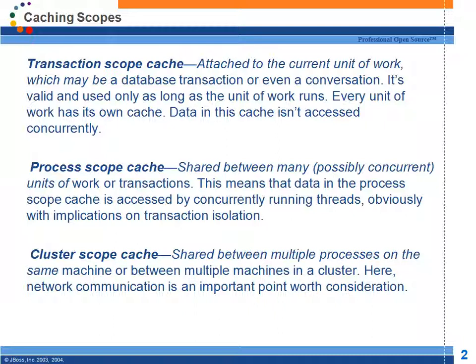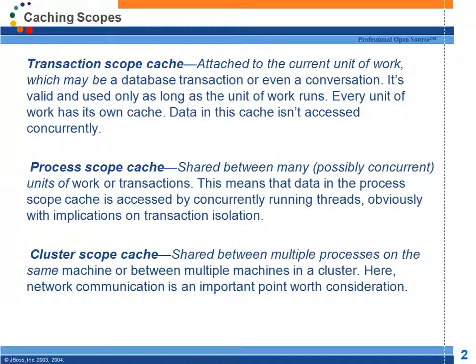Now let's assume that we have a web application. In web applications, we will generally create one session factory. A cache which is scoped to that session factory level is also called a process level cache, shared between many concurrent units of transactions.